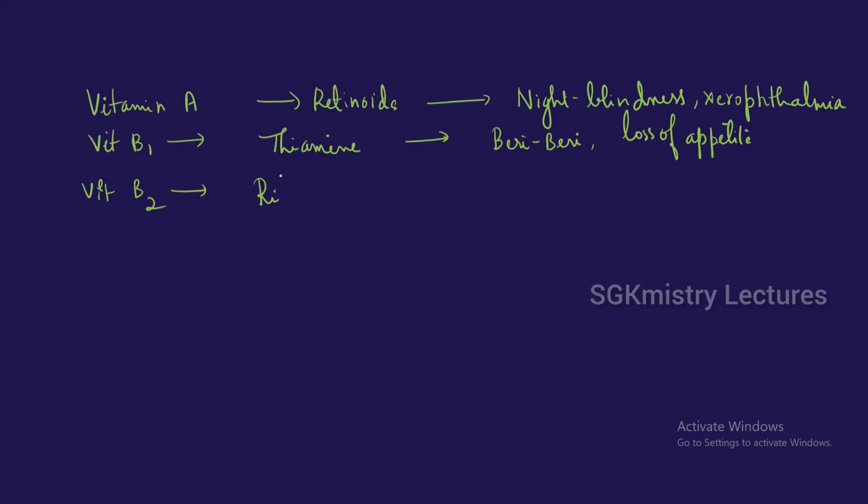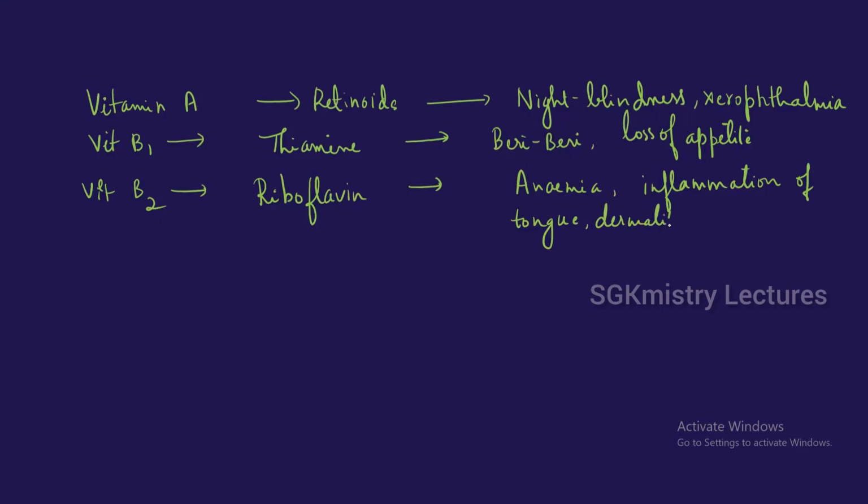The name of this particular vitamin is riboflavin. So deficiency can lead to anemia, inflammation of tongue, okay, inflammation of tongue, as well as it can also lead to dermatitis.